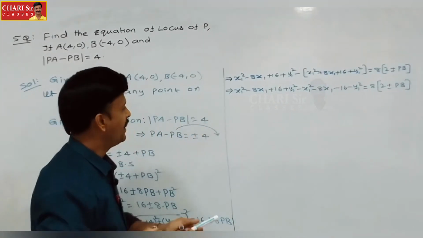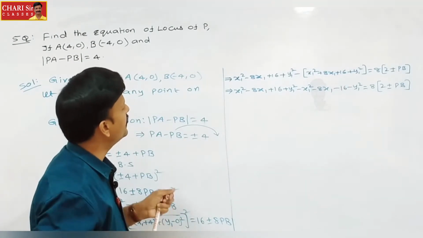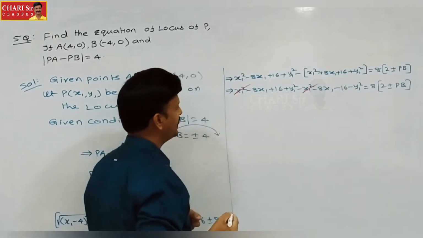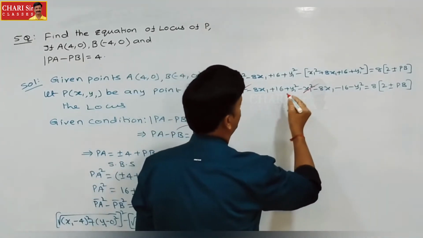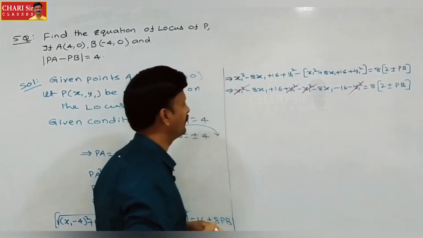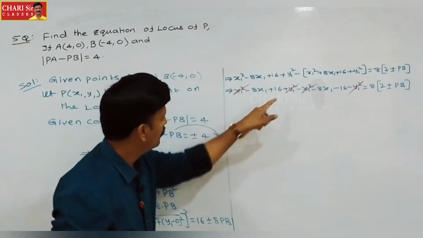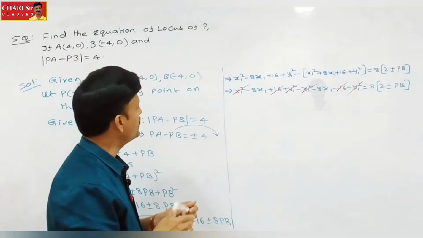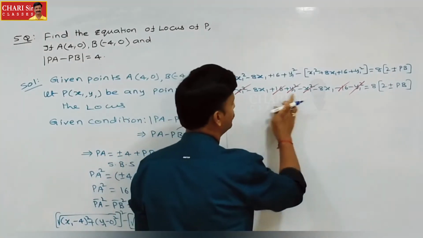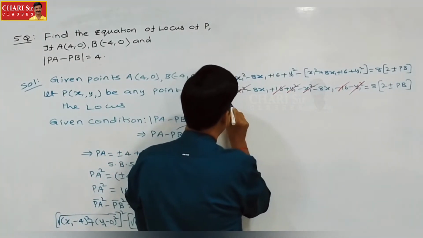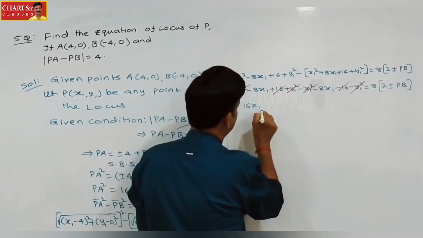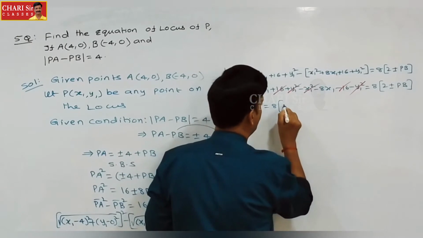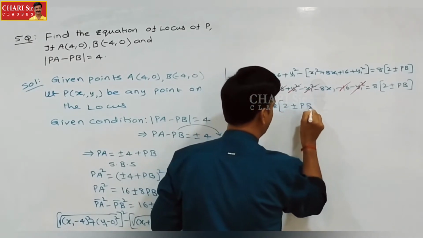Now is there anything that gets cancelled? x1 square minus x1 square cancels, plus y1 square and minus y1 square cancel, and plus 16 and minus 16 cancel. The remaining terms are minus 8x1 minus 8x1, that is minus 16x1 is equal to 8 into (2 plus or minus PB).